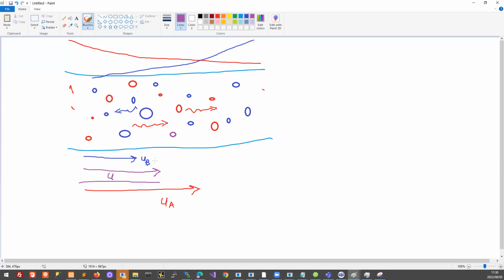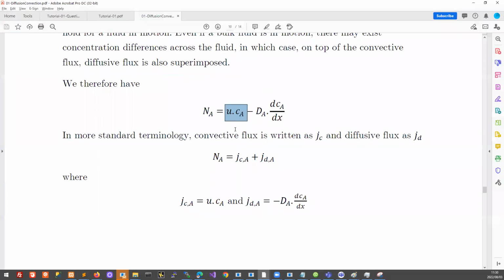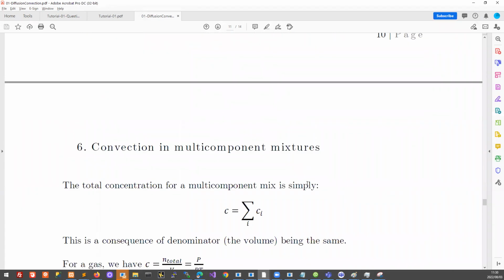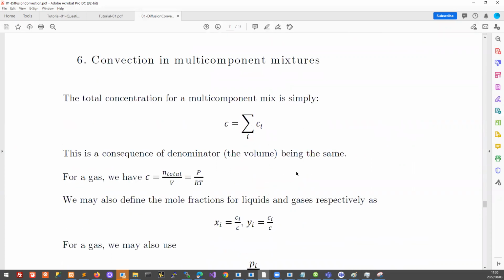So overall, B is moving slightly slower than the bulk, and overall A is moving slightly faster. So the point of all that is that we can distinguish between the velocity of A and the bulk or the overall velocity U. And that becomes important in multi-component mixtures.